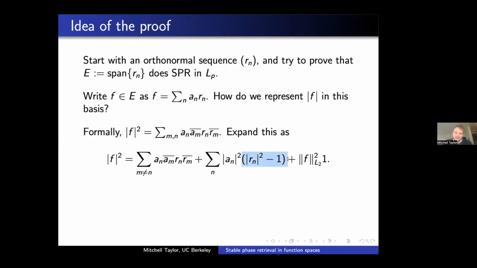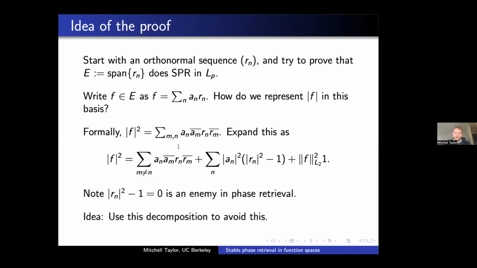So my main obstruction to phase retrieval is when the magnitude of r_n squared is identically 1. So what I want to do is use this formal decomposition to avoid this obstruction. Okay. So what do I do?